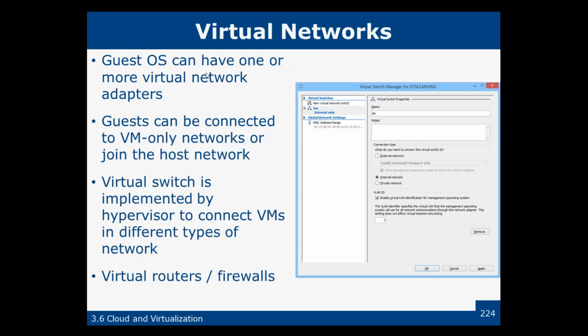So in the virtual networks, you've looked at these things in the labs themselves that you've done. This is the virtual switch manager, but we manage different things. The guest OS can have one or more virtual network adapters, and you have seen those. And the network adapters can be configured one of three ways.